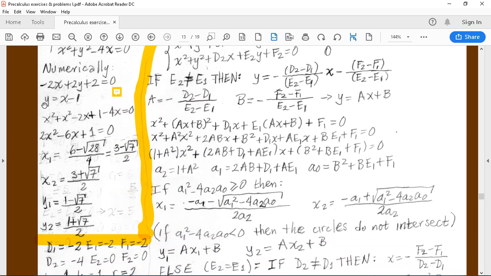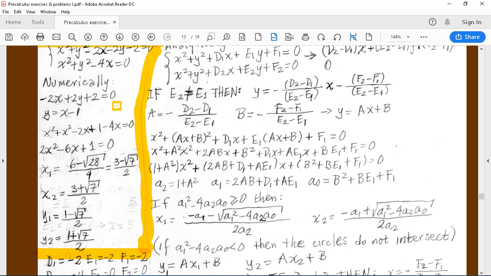Factoring out the 2's and passing the x and the 1 to the other side, we get y equals x minus 1.